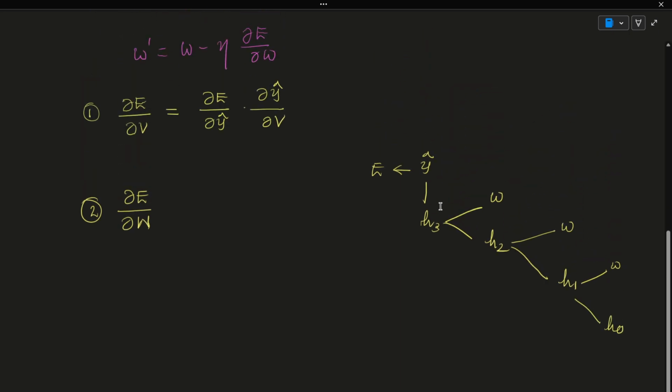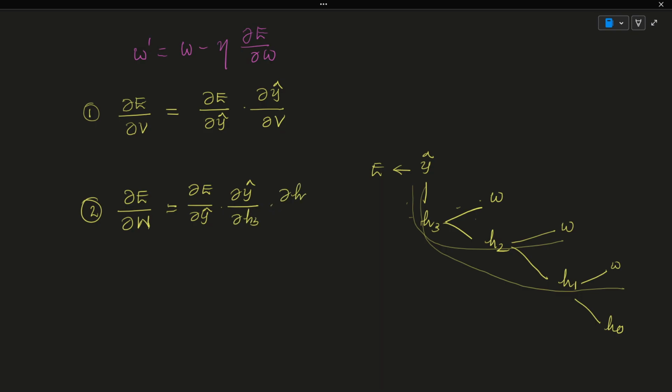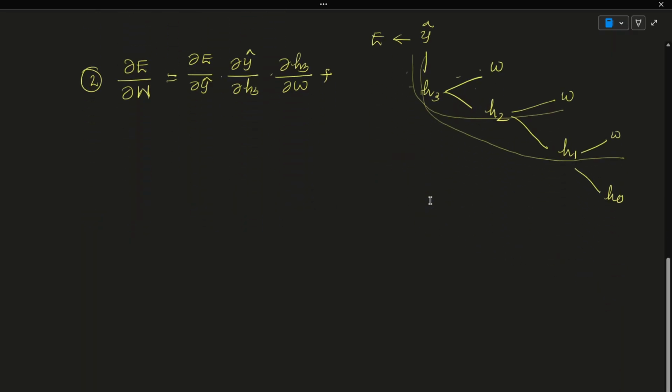So to calculate error with respect to W, I have one chain here, this is the second chain, and this is the third chain. So I write: dou E by dou W is equal to, firstly, dou E by dou y cap into dou y cap by dou h3, and dou h3 in turn depends on dou W. That's the first term, the first path.